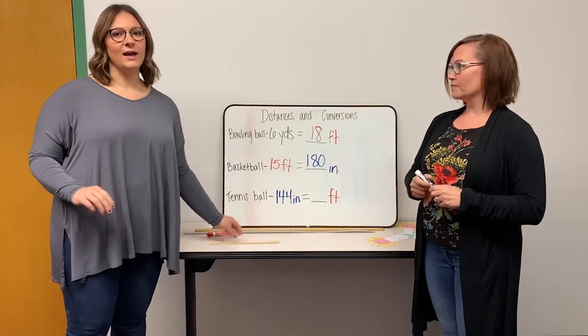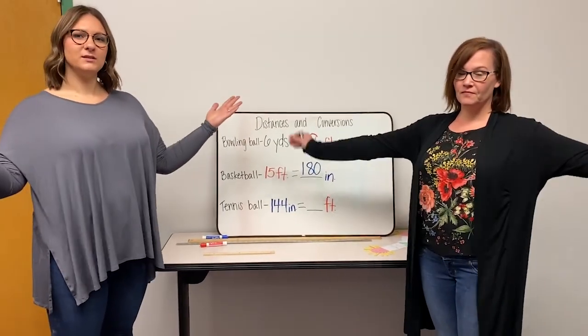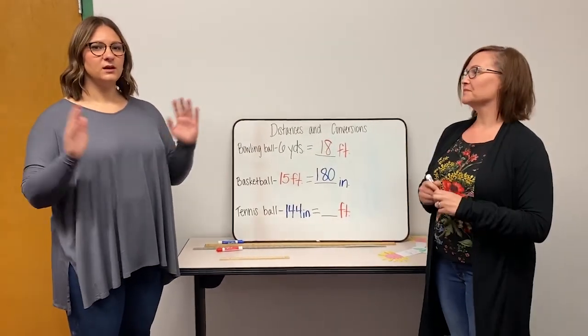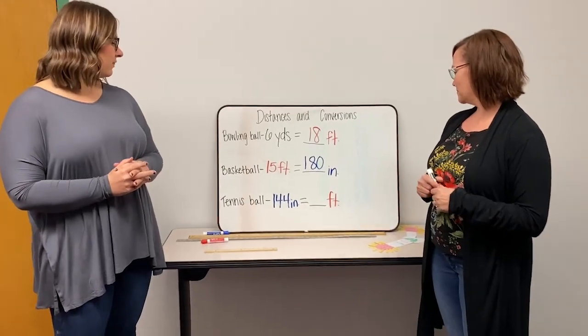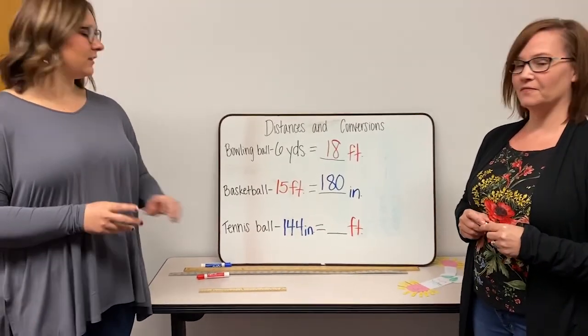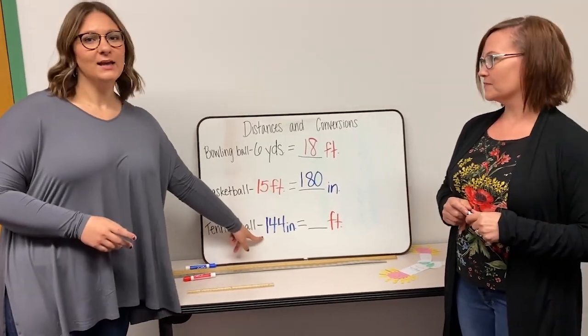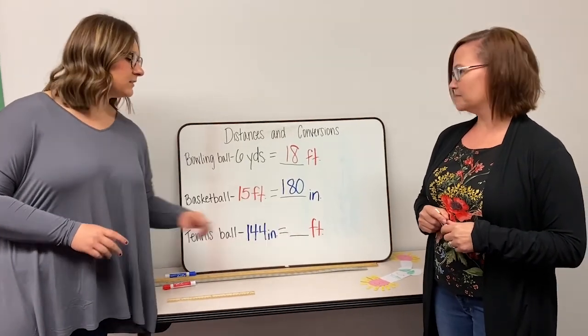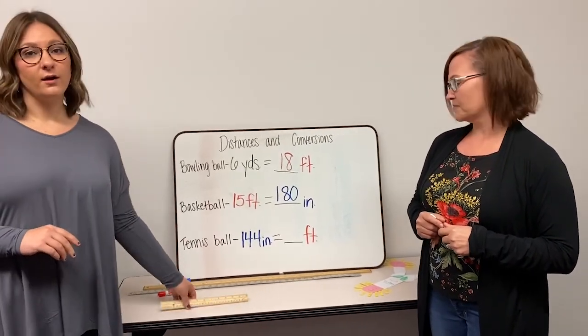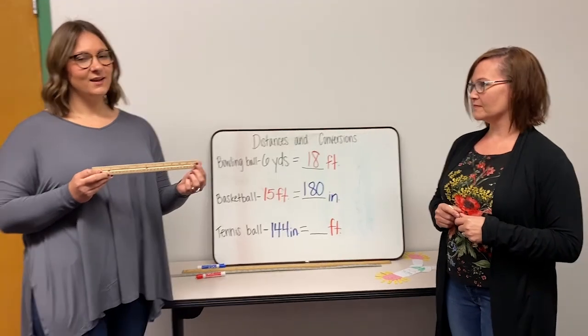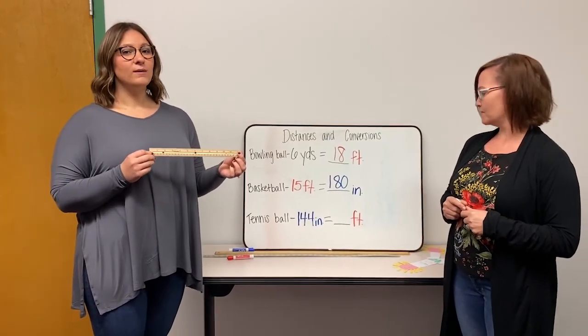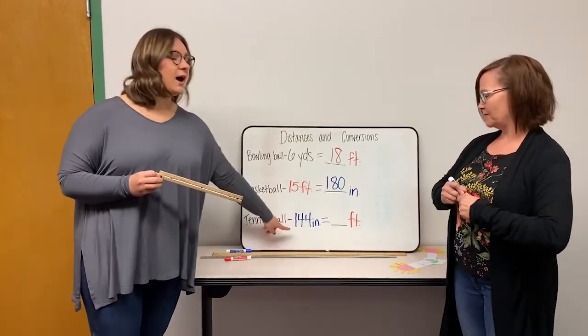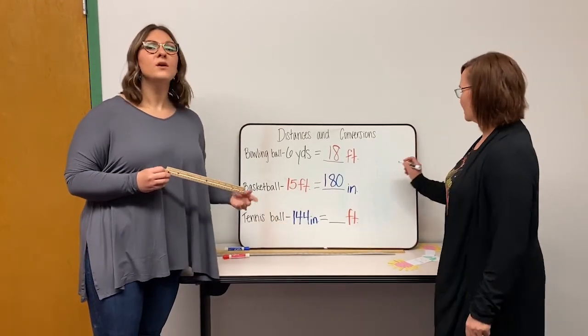So fly, smaller, to horse, you divide, of course. Now let's think about what we're going to divide this 144 by to get us feet? Well, there are 12 inches in a foot. So if you thought that we would divide 144 by 12, you're correct.